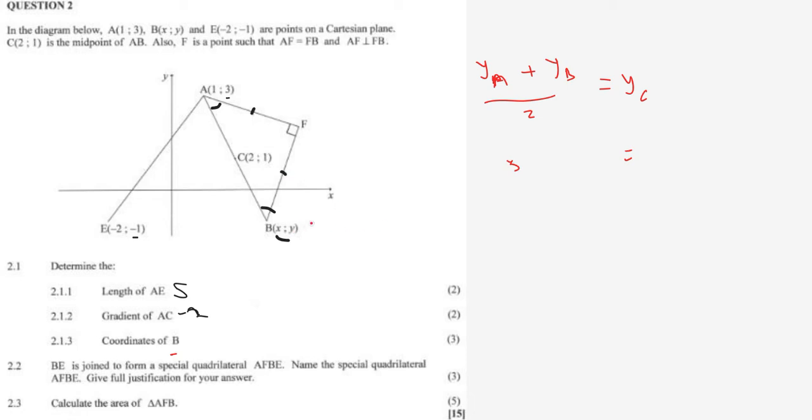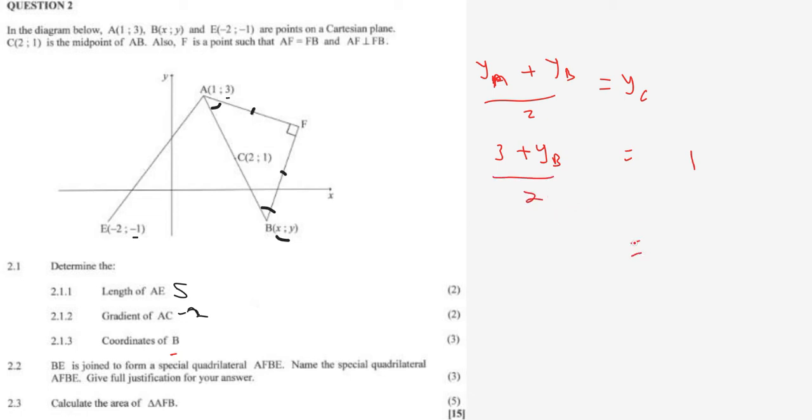Y at A is 3. Y at B, that we don't know, plus y at B. So y at C, that we know is what? Is 1. And because we want the midpoint, we divide by 2.